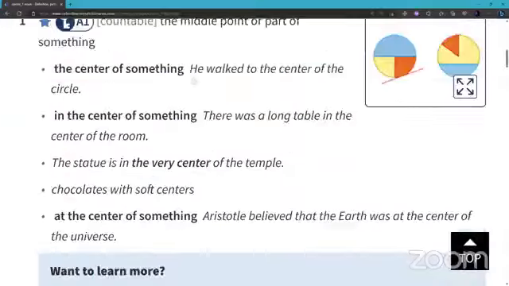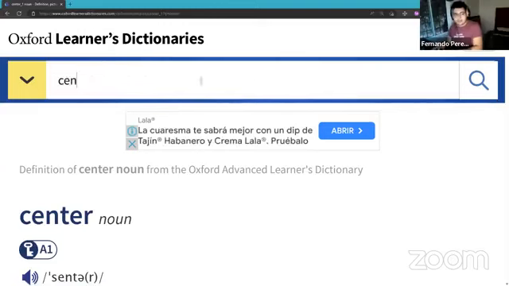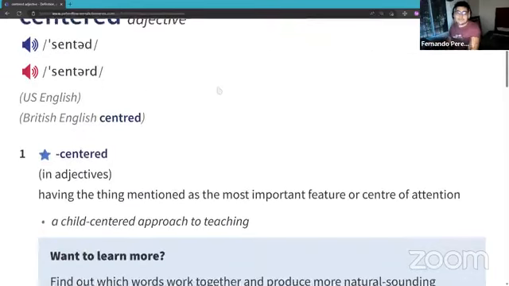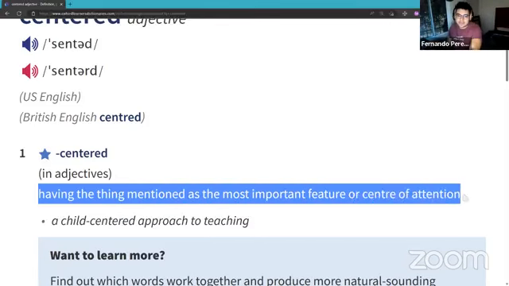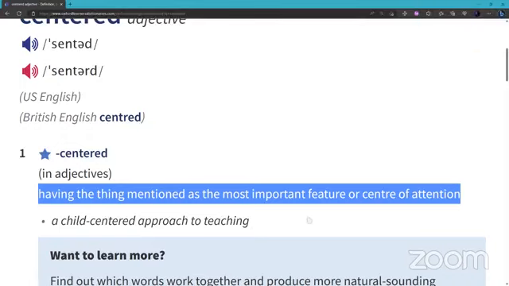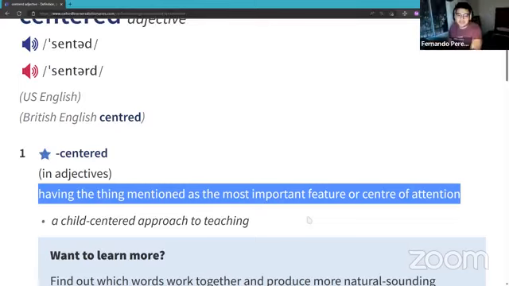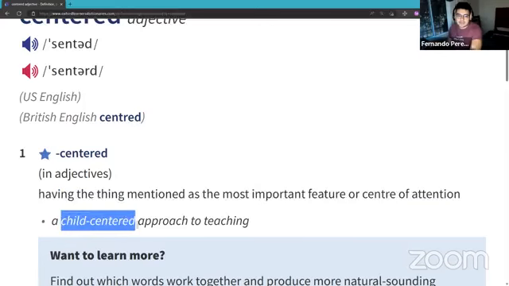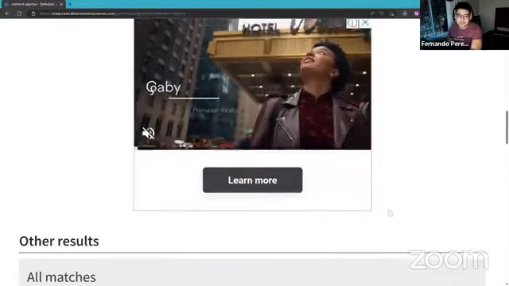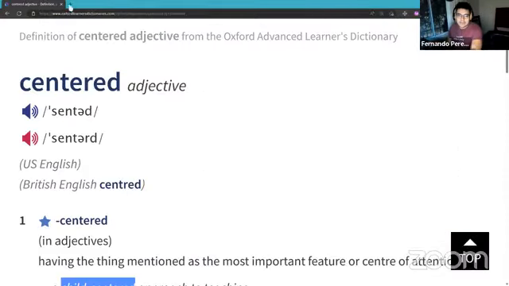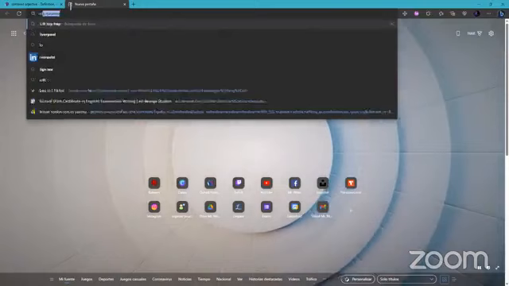Does it exist? Exactly, that's what I want to check. Centered: having the thing mentioned as the most important feature or center of attention. The child-centered approach to teaching. Wow, it's very similar. But according to this example, calm, sensible, and emotionally in control. Let me check another dictionary.